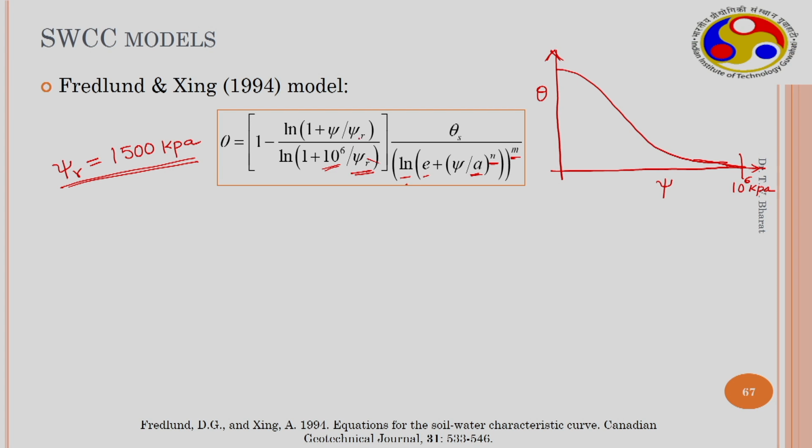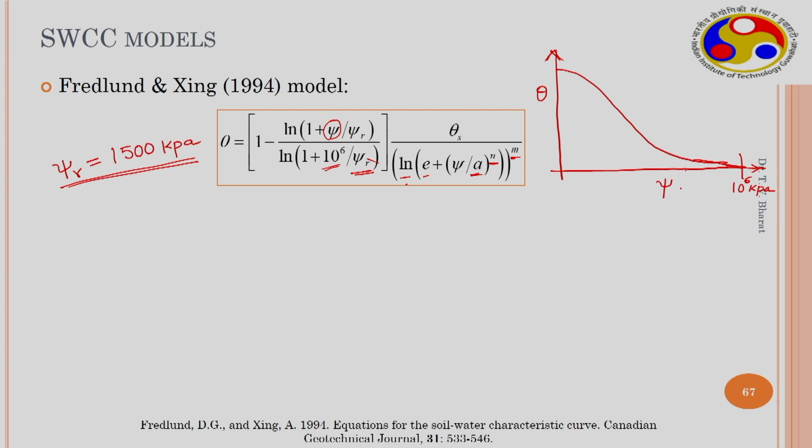So when you substitute psi equals 10 power 6 kilopascal, this value becomes 1, so 1 minus 1 is 0, so theta is forced to come to 0 at the theoretical value of 10 power 6 kilopascal, 1000 megapascals.